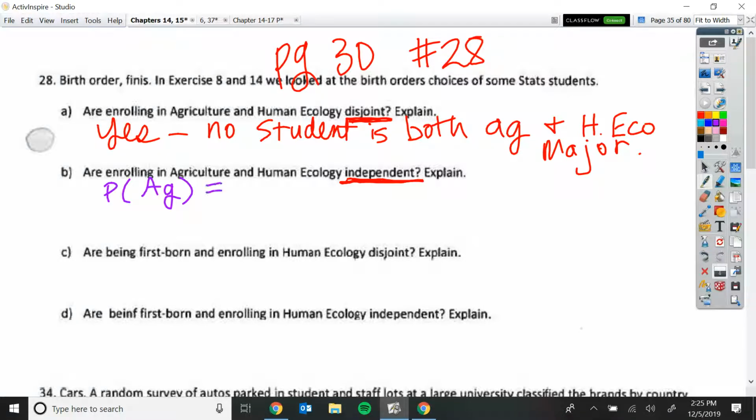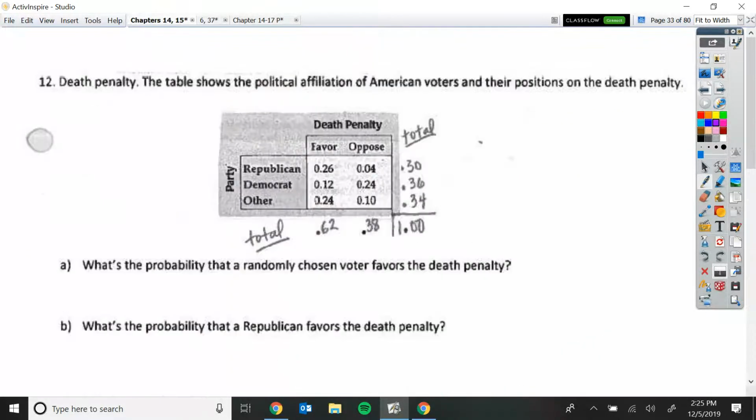Overall probability of ag, and then the probability of ag given that you're in human ecology. So this one was a case where it didn't really have a clear explanatory variable. Now, if we were talking firstborn and such, that would be one. Okay, so let's do our numbers here. Go look over to page 27 and see what is that overall probability of ag.